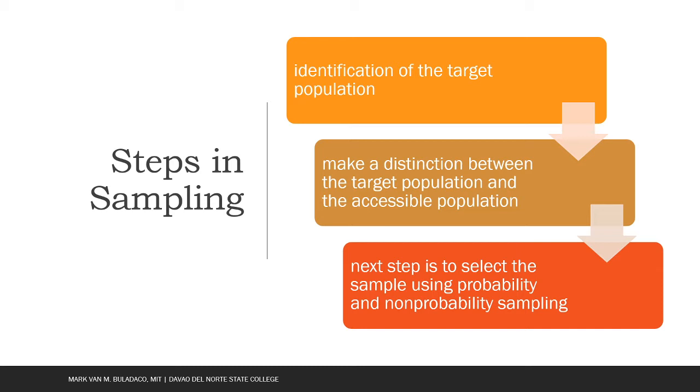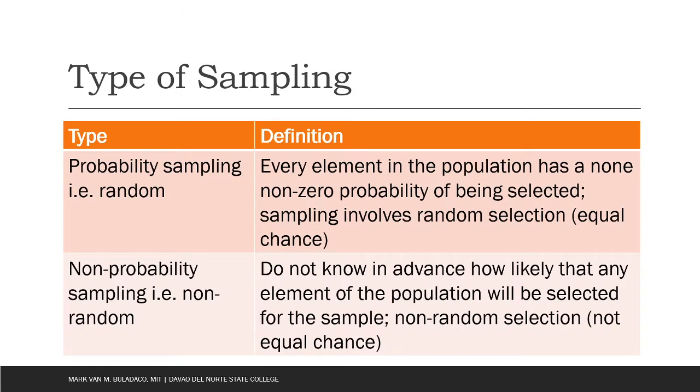You could do it through what we call probability sampling, and second is non-probability sampling. Probability sampling is wherein every element in the population has a non-zero probability of being selected. So they are selected at random and they have an equal chance to be selected.